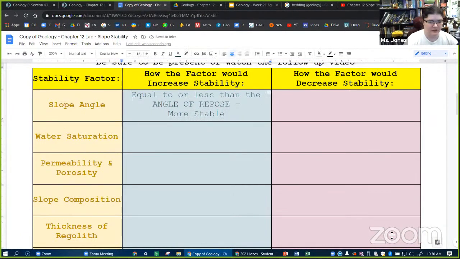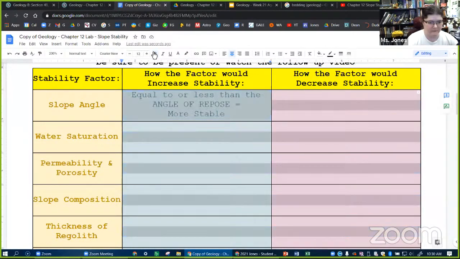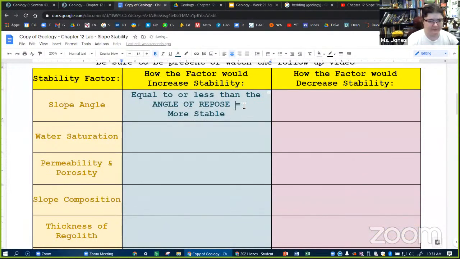Let me put these in bold again, because it's easier to read. So it is more stable if it is equal to or less than the angle of repose. You want it to be less steep. Less steep equals more stable.